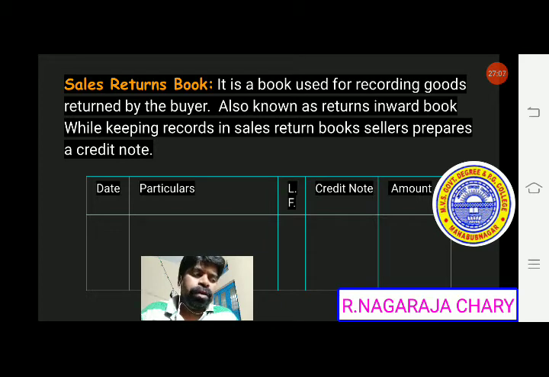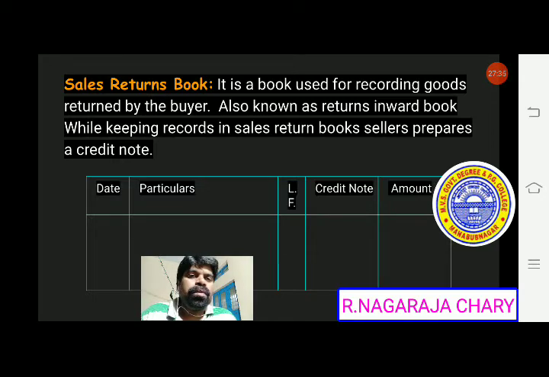Earlier we sold some goods, some raw material, to the customers. The customers may not be satisfied with our goods regarding quality, regarding quantity, or the goods may be damaged in transportation.